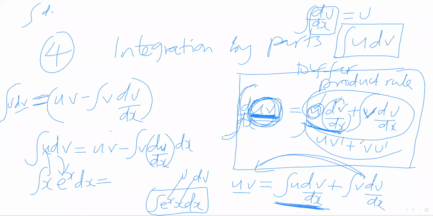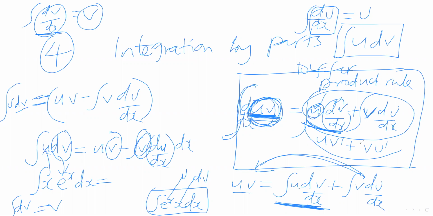So you integrate the derivative to get v. So this is dv, and to get v, we'll always be integrating dv, because we need to have v here in the formula.